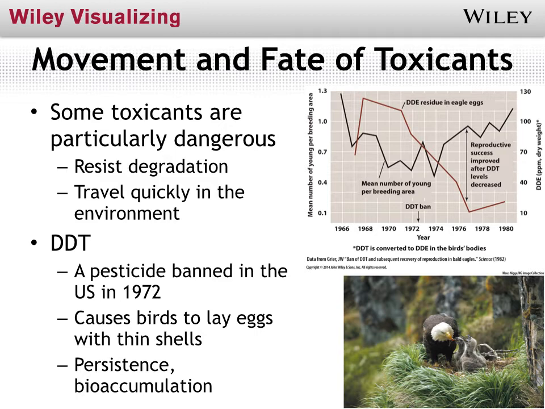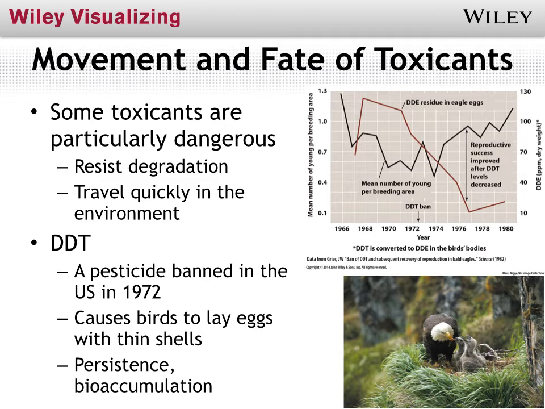So I mentioned DDT a few slides ago, and it's kind of the one that has probably, more than any other toxicant, had a huge impact on the environment here in the United States and anywhere else that it's been used.